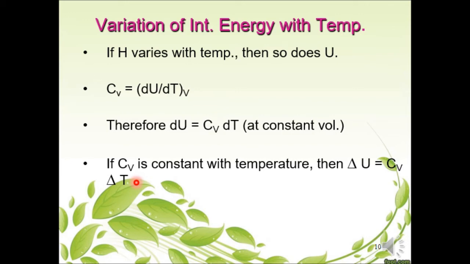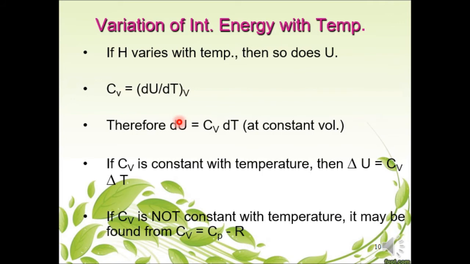Just now, if constant pressure Cp, then it's related with enthalpy. If constant volume, it's related with internal energy. So if Cv is not constant with temperature, it may be found using the earlier relationship where Cv equals Cp minus R.